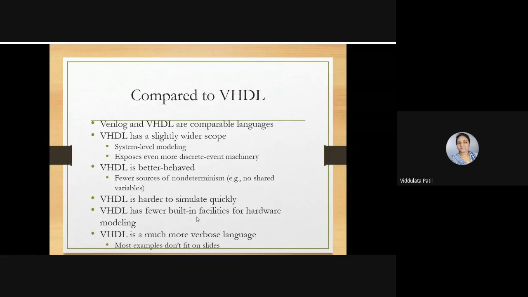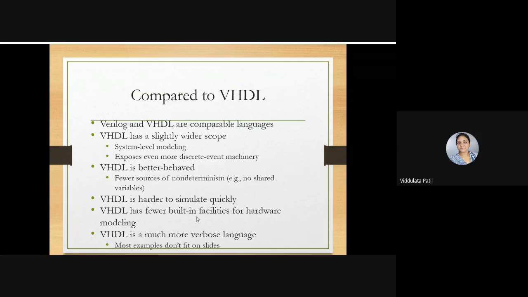Here, if we compare Verilog language to VHDL, then VHDL as compared to Verilog has a little bit wider scope, because system level modeling is done efficiently in VHDL. Also, it exposes more discrete event machinery.